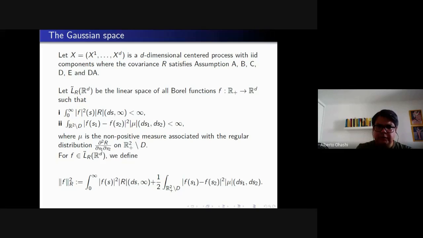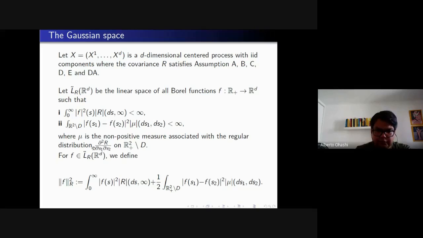Okay, so the idea is we introduce some L tilde R. It's a basic space, a space of R^d-valued functions where this number here is finite. So mu is the measure associated with the second order derivative.